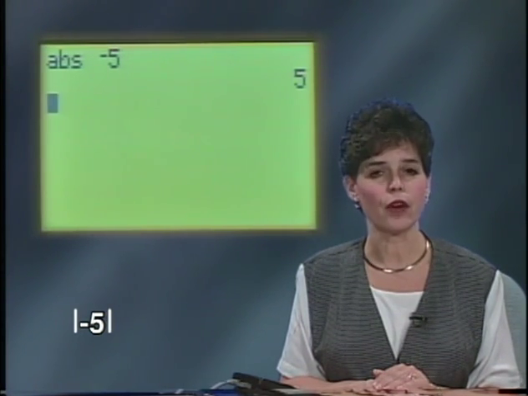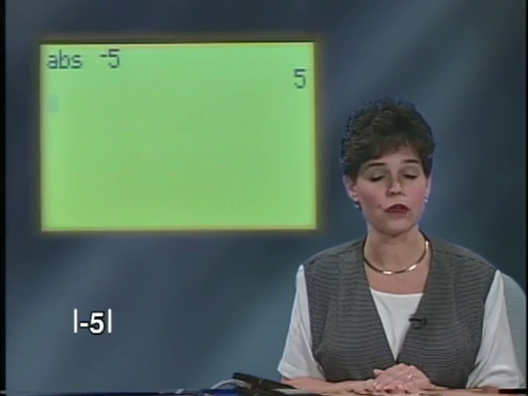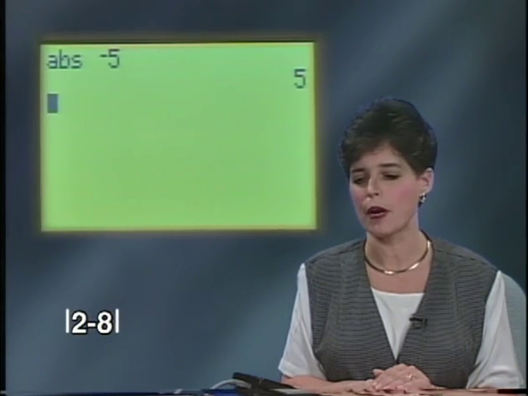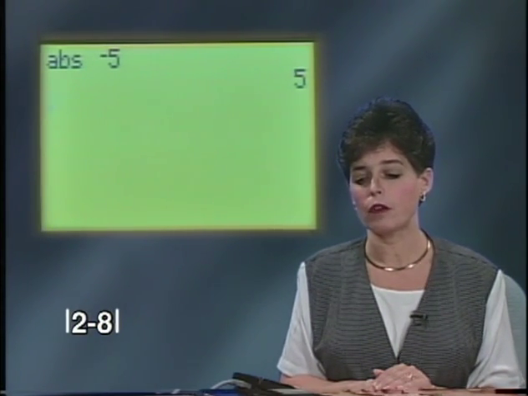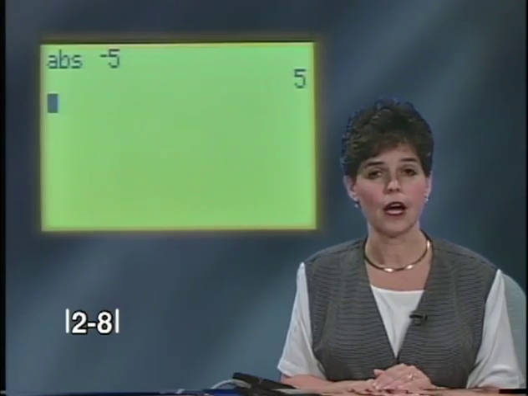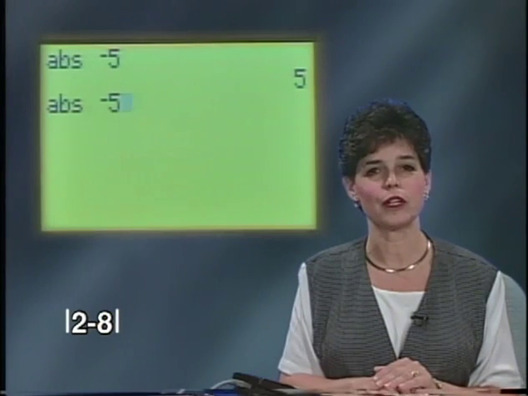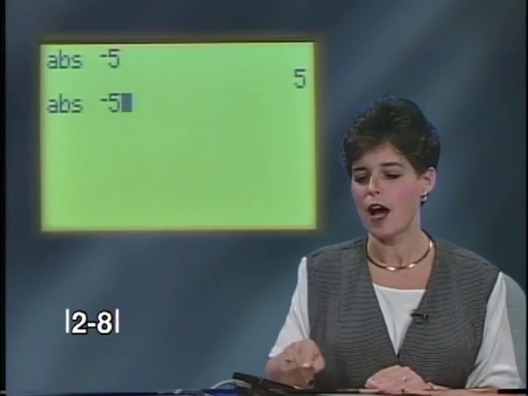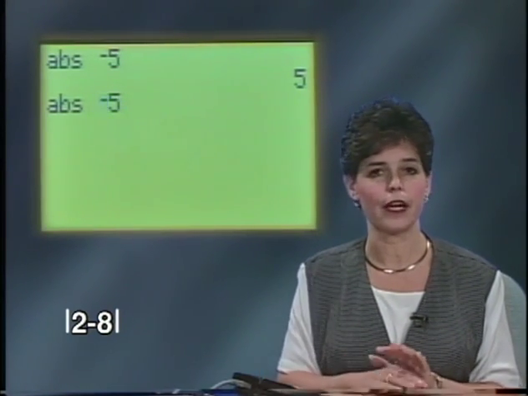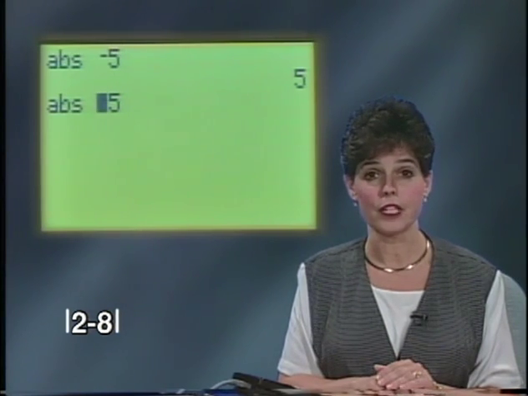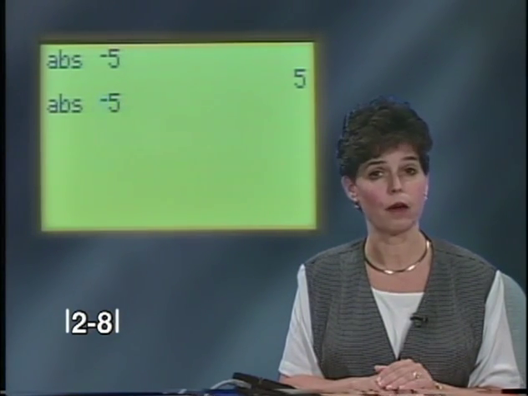Well, let's do another absolute value problem. Let's do the absolute value of 2 minus 8. Rather than going into my catalog again, I'm going to do second entry. I'm going to be a little bit lazy and take the easy way out. I'm going to go to the left. I don't want my -5 anymore, but I want to take the absolute value of 2 minus 8.